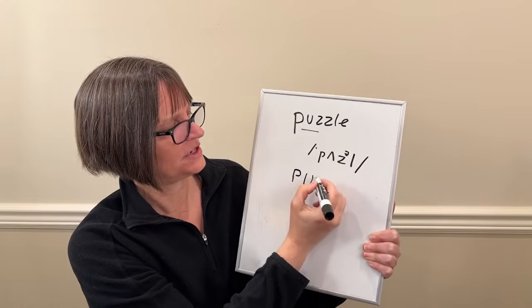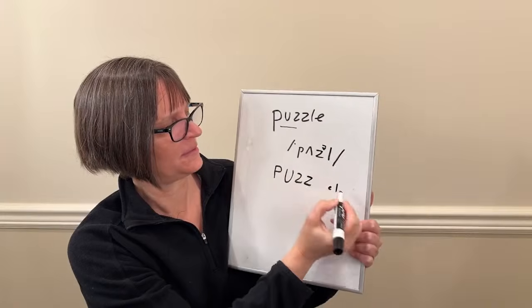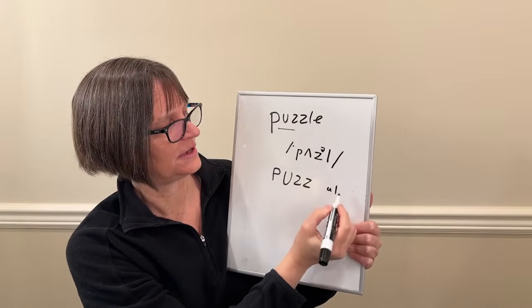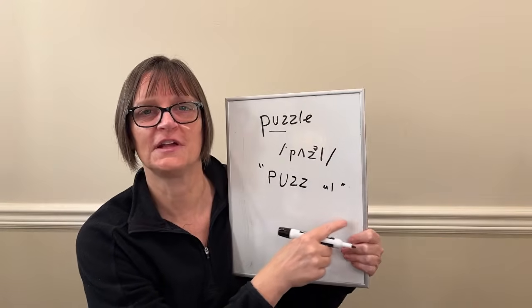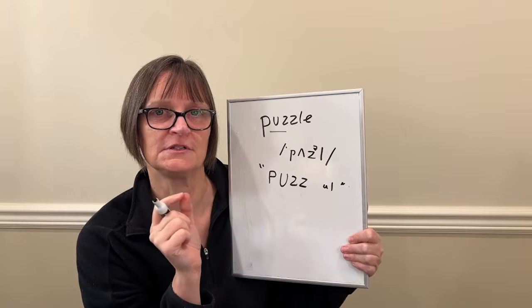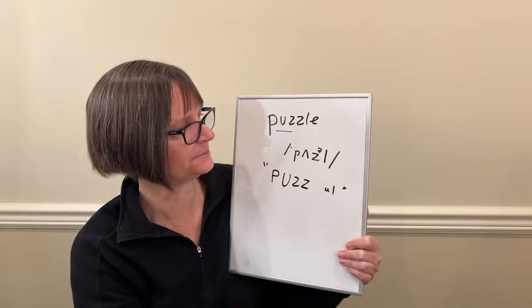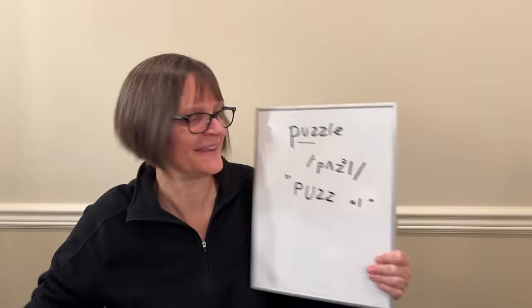I'm pretty much going to just spell it the same way, except for maybe I'll put it as puzzle, zul, put a little sound there. Basically, we want to go very quickly from the z right to the syllabic L, zul, zul. There's very little vowel sound there. So puzzle, puzzle. It was a puzzle. They solved the puzzle.